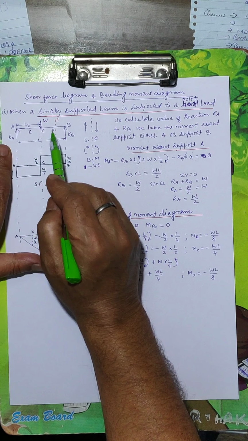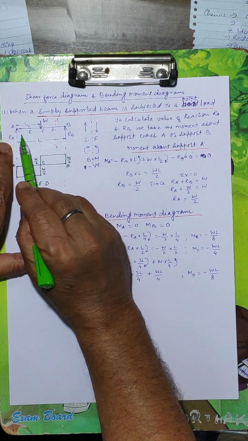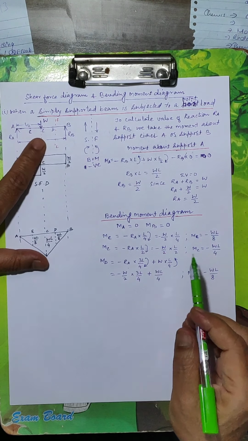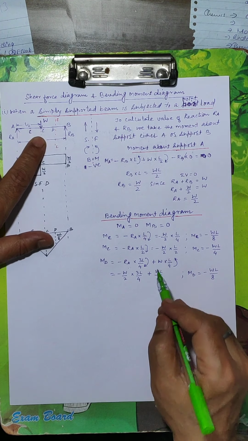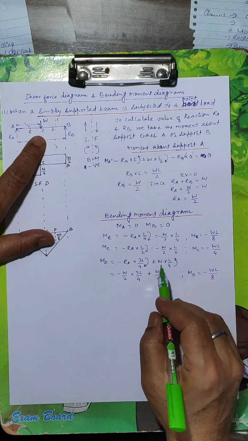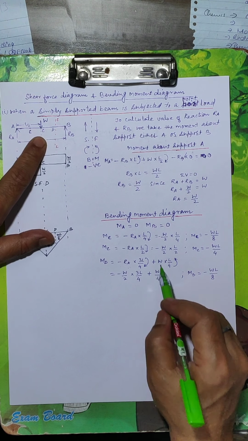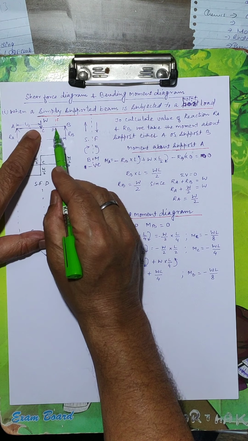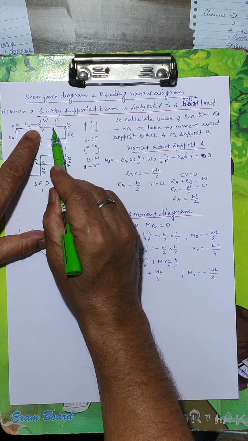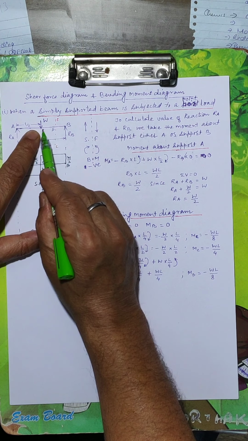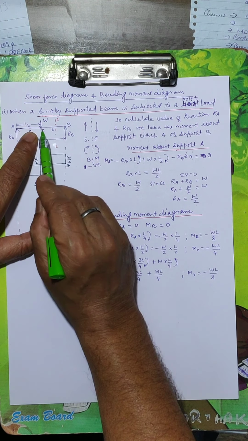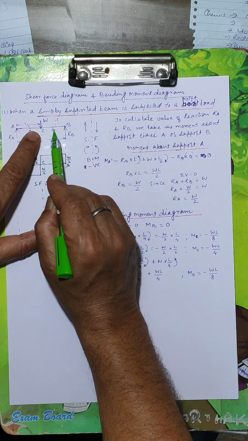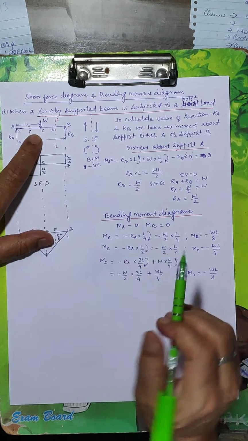Now there is one load also between A and D, that is W. So we will also take it in the calculation, W into the distance. We are taking the section at D, so the distance will be taken from W, which is acting at C, to D, that is L by 4.